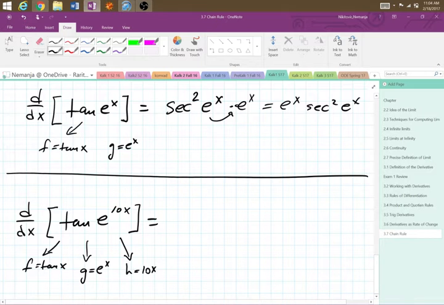How many products are we going to have? 3, right? So what's the derivative of tangent? Secant squared, Control C, Control V. Good. Then, times, what's the derivative of e to the 10x? Aha. And then times 10. We have to have 3 parts because we had 3 layers.